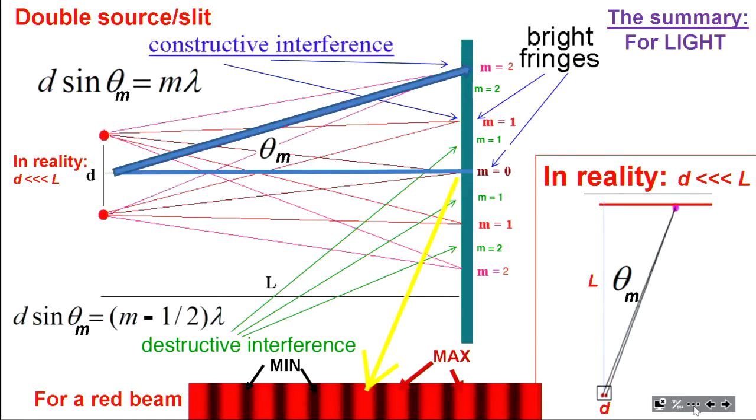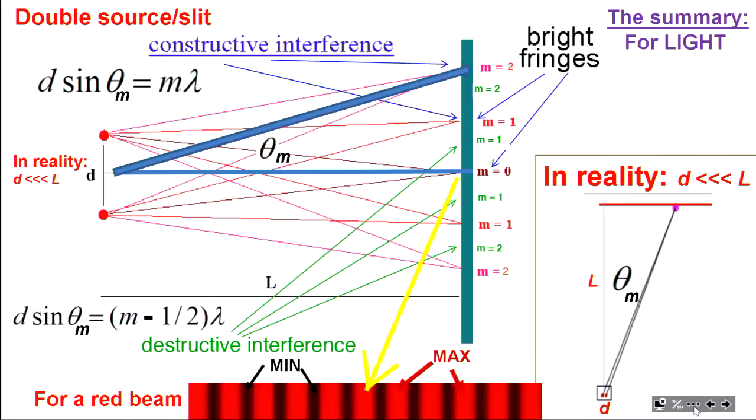So there is no minimum number 0. To count minima, we have to start from number 1. So that's why we count maxima and minima differently. To count the maxima, we start from 0, then first, second, third, fourth. They end at a certain point. And to count minima, we start from 1, 2, 3.